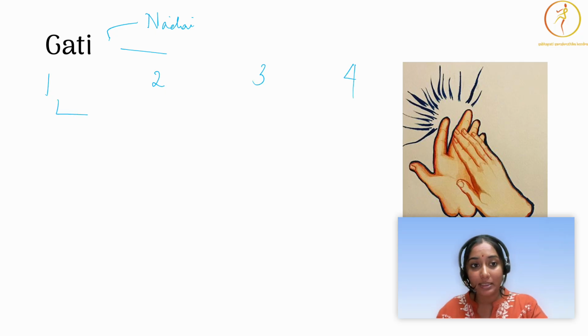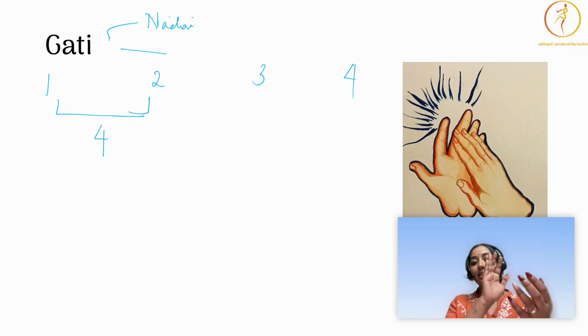The number of sub beats or subdivisions of beats in between the two beats is what we can understand as Gati or Nadai. For example, the first time I put Adi Tala, the subdivision was 4. So it was takka dhimmi, takka jhunnu, takka dhimmi, takka jhunnu.